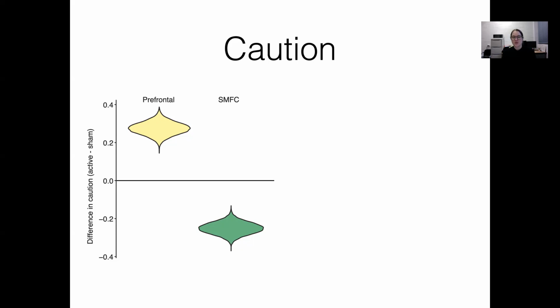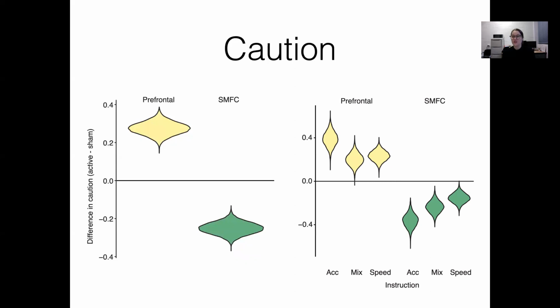You can see that whilst stimulating both of those 2 regions is having an effect, it's having an effect in opposing directions. When we break that down into the different instruction blocks, we can see that this is interacting with the conditions that we gave people. The accuracy focused block shows the strongest effect for both of them, with less effect, although still reliable, for the mixed condition and the speed focused condition.